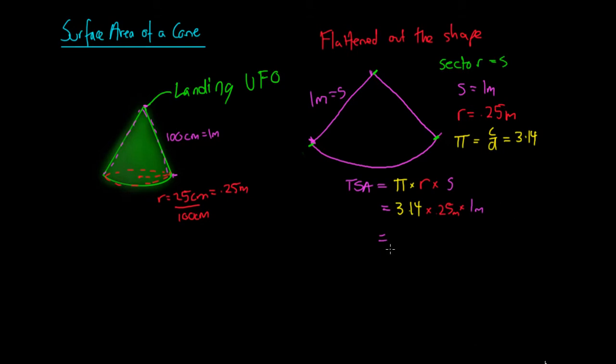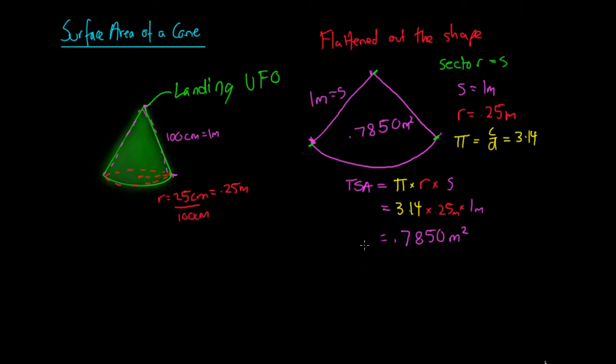That's going to give us 0.7850, and then we have our units of meters times meters, so meters squared. So we can say that the total area of this shape here is going to be 0.7850 meters squared.